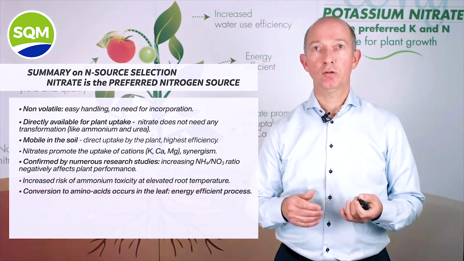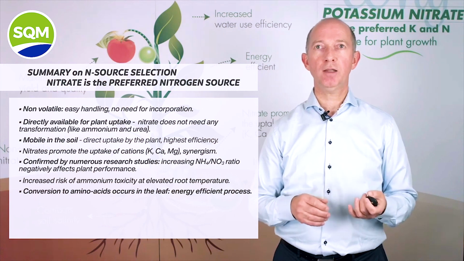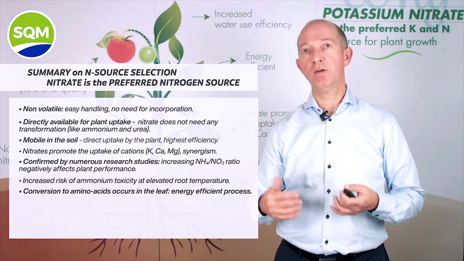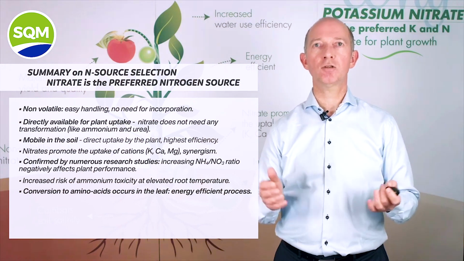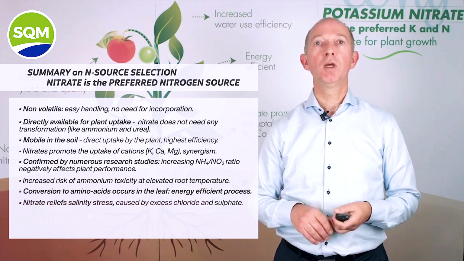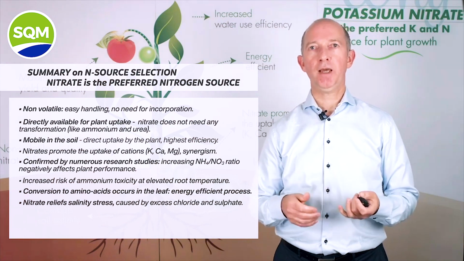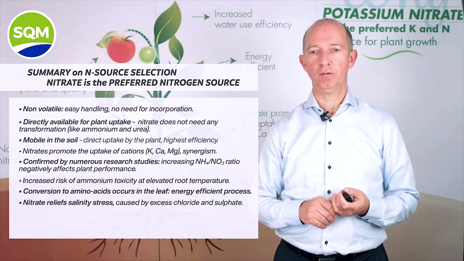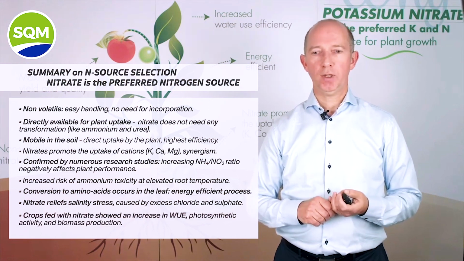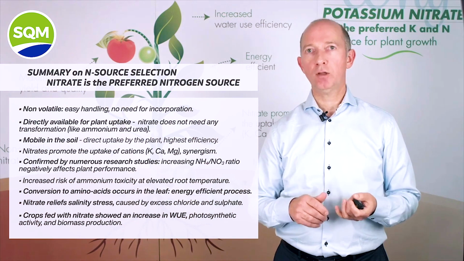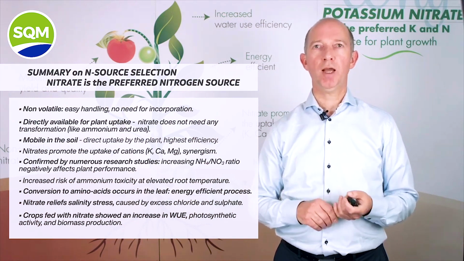The conversion of nitrogen to amino acids, in the case of nitrate, occurs in the leaf. It's a very energy efficient process because the leaves are the source of all the energy. Nitrate helps to relieve salinity stress caused by excess of chloride and sulfate. And crops fed with nitrate showed an increase in water use efficiency, photosynthetic capacity, and also biomass production.